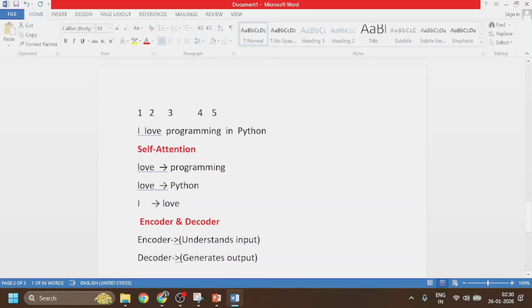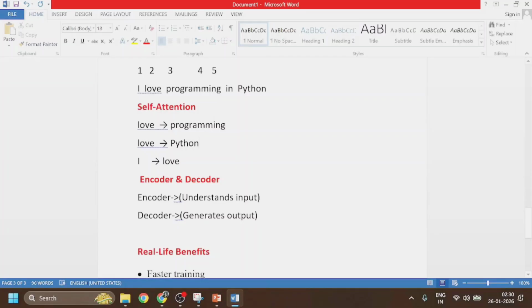Self attention means words look at other words. Here you can see the word "love" focuses more on "programming", and more on "programming" and "Python".